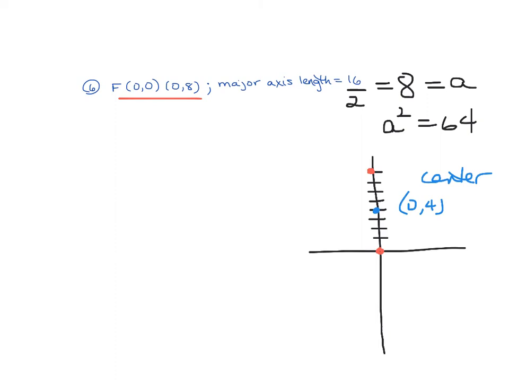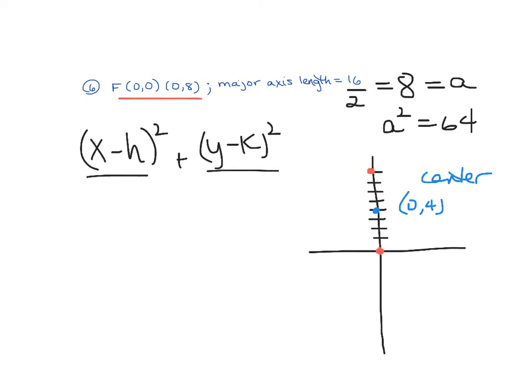So you can already see that that A value, that A squared, needs to go under the y because we just graphed them vertically. So again, my formula I'm using, x minus h, y minus k. And again, it's vertical, so the A squared is going here, B squared here, and it equals 1.